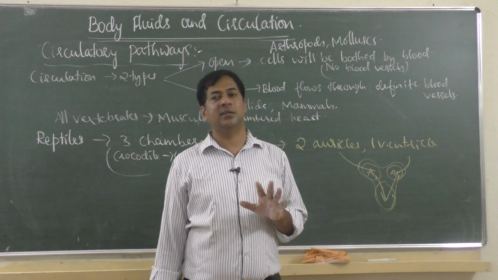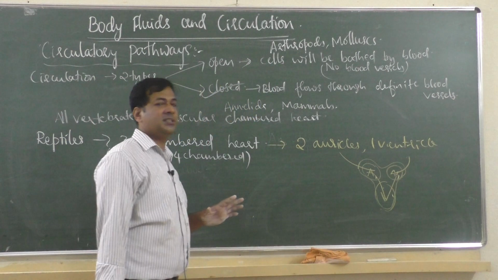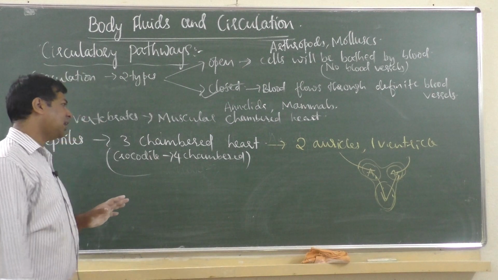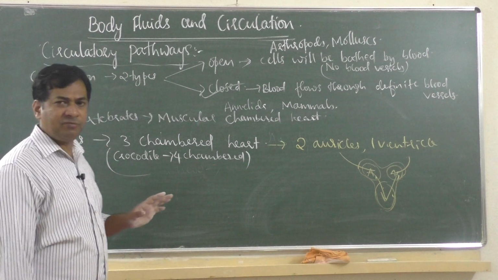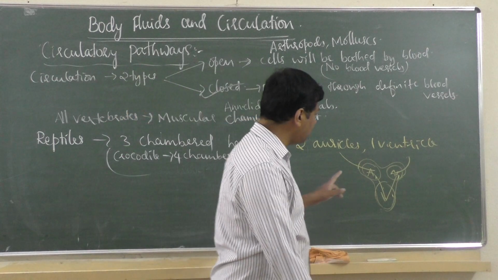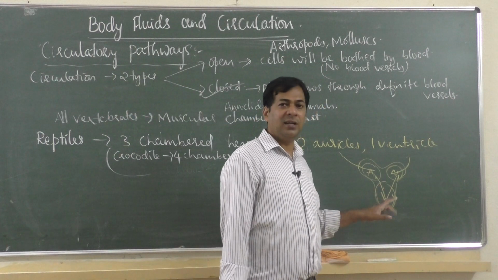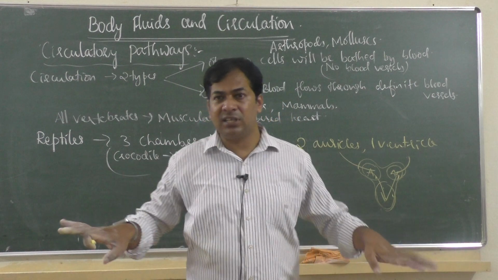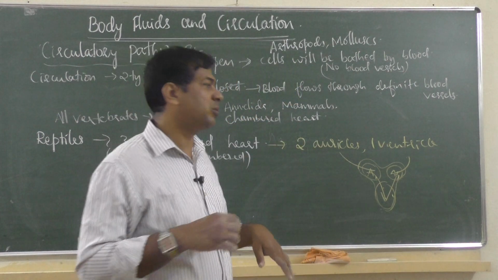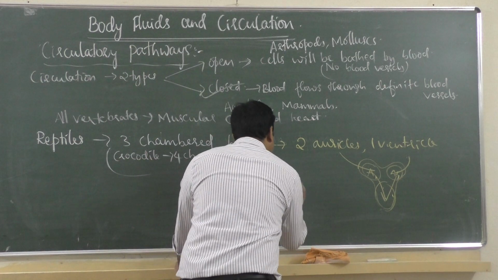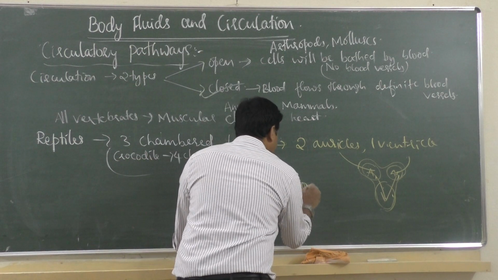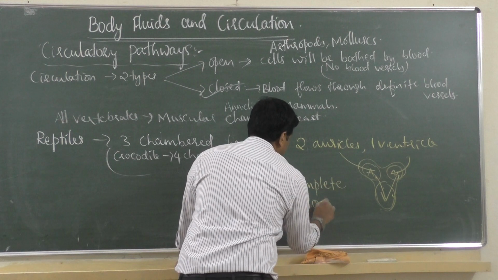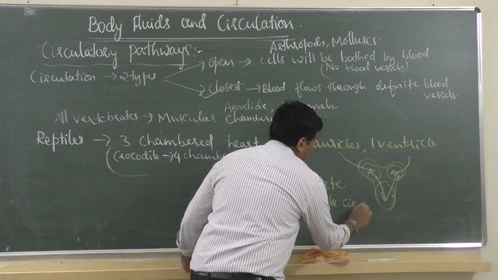They can tolerate this mixing, but we cannot. As there are no separate 4 chambers, mixing of blood happens in the ventricle and separation doesn't happen, so it is called incomplete circulation, but double circulation only. Incomplete double circulation.